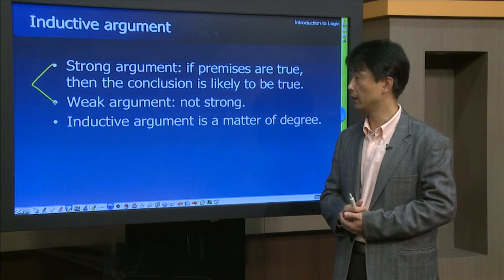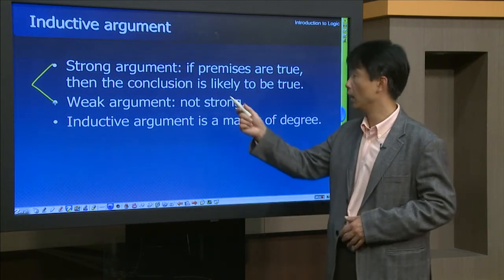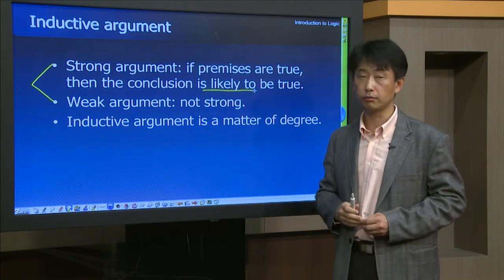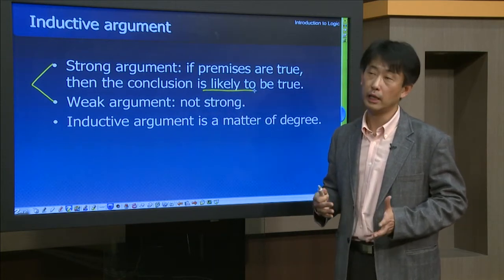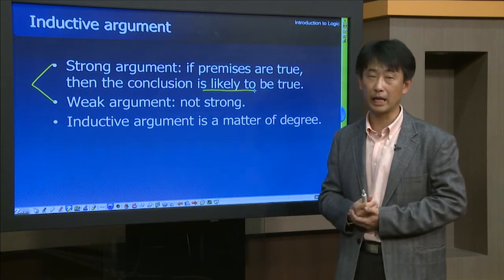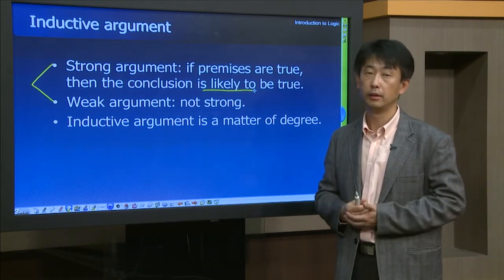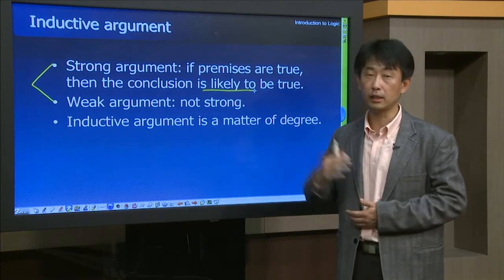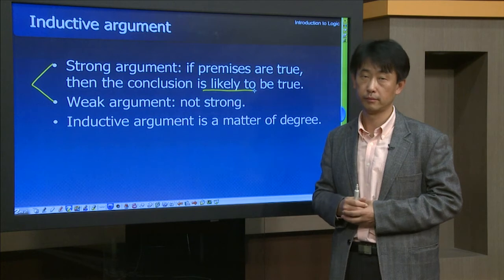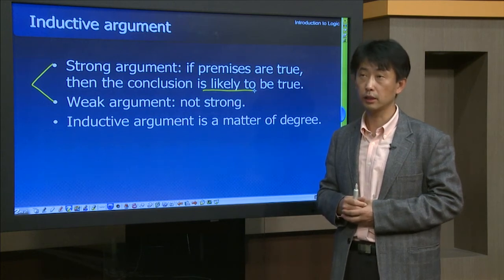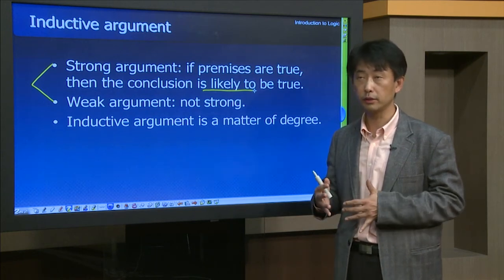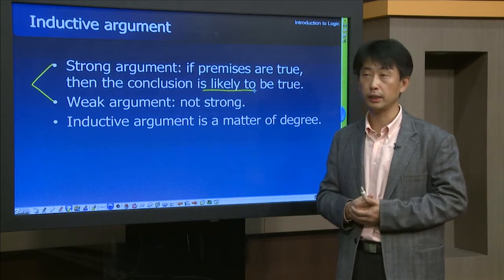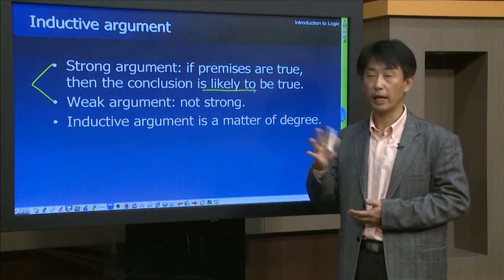If you ask me how much percentage is required for an argument to be strong, it should be a very high number, like 95%. But it could be like 92%. There is no strict line that divides strong and weak. Inductive argument is a matter of degree, while deductive argument is black and white.